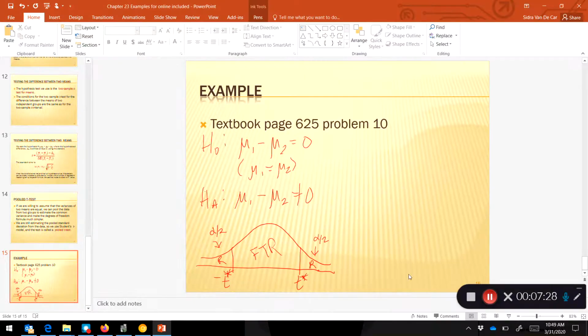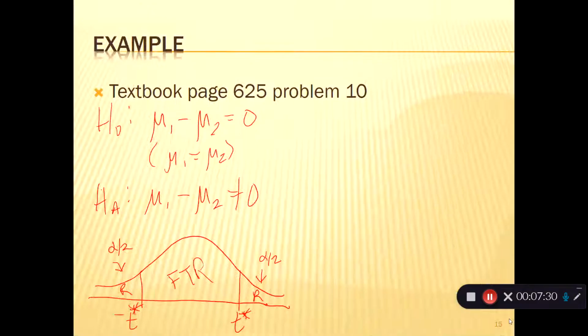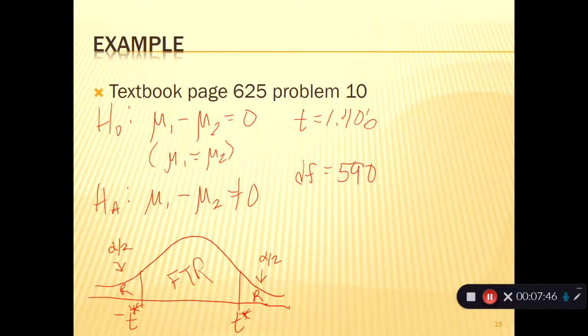So let's go back over here, and let's write down those important bits. So the T that we found is 1.406, and our degrees of freedom is 590.05. And our probability that goes with this T was 0.1602.